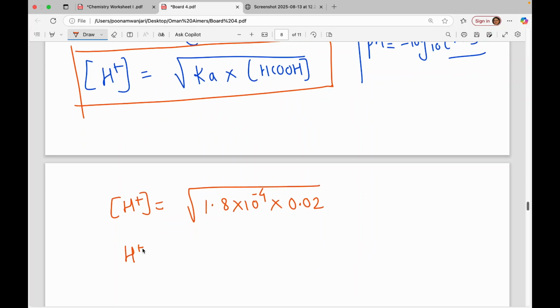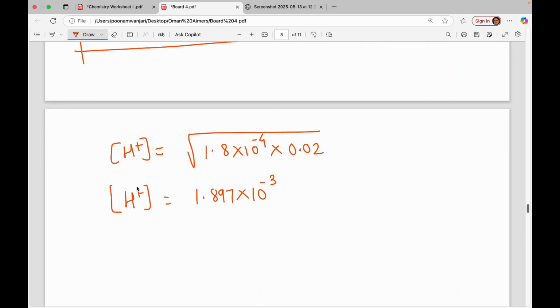Directly, students, you will get the value in the calculator, that is equal to 1.897 into 10 to the power minus 3. So this is the H plus concentration. Now for calculation of pH, negative log to the base 10 of the concentration of H plus.